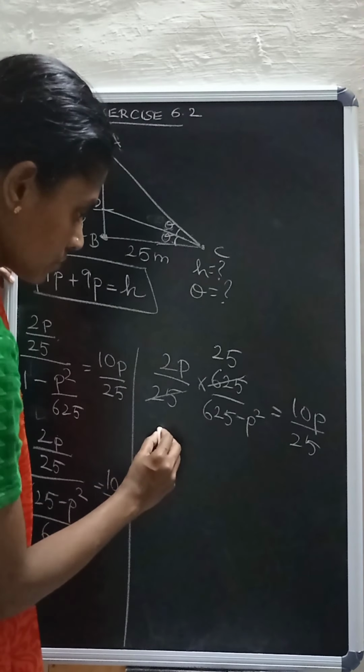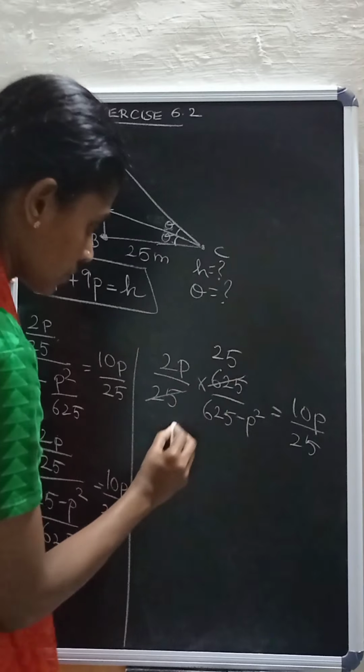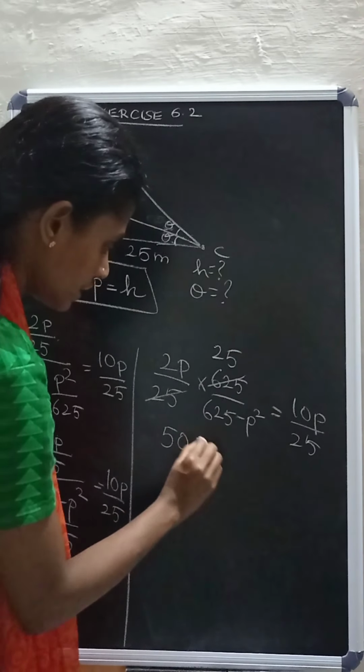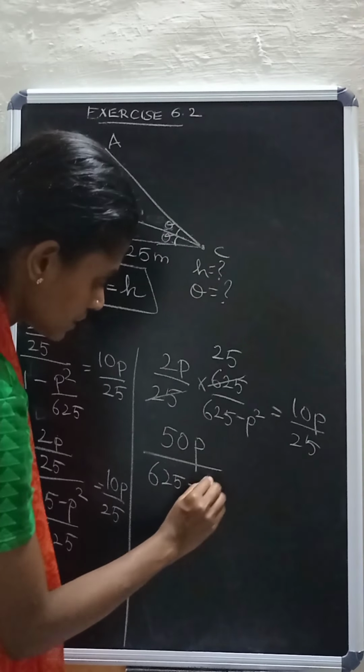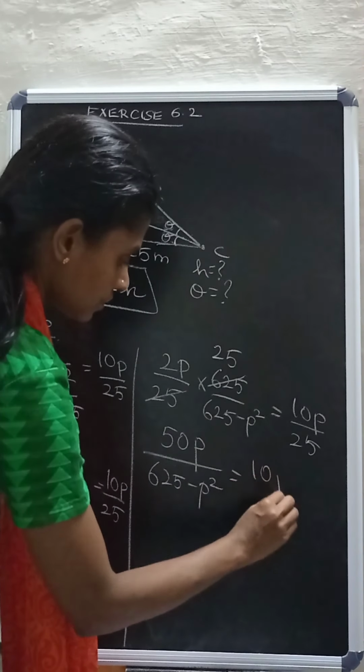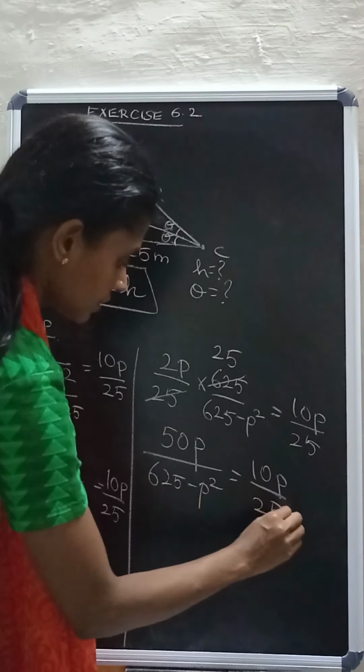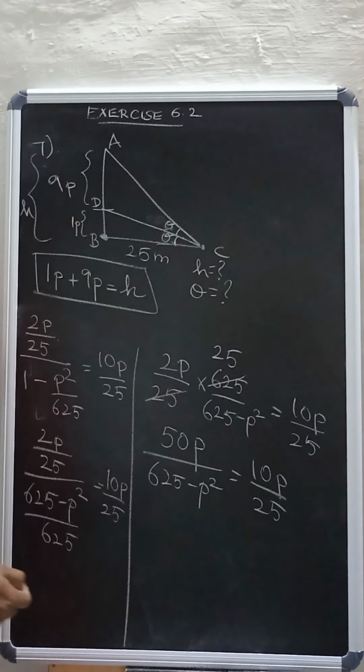It's 50p. So 50p divided by 625 minus p square is equal to 10p by 25.